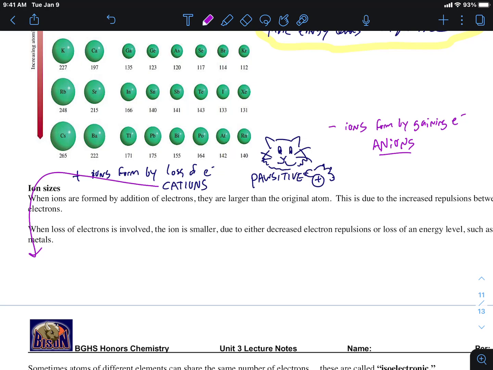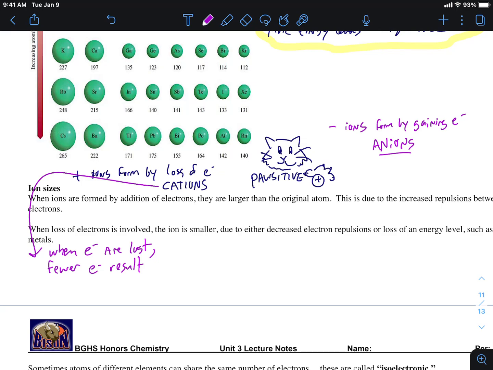When electrons are lost, you have fewer electrons, right? You lose an electron, you lose an electron, and you have fewer electrons than you did when you started.